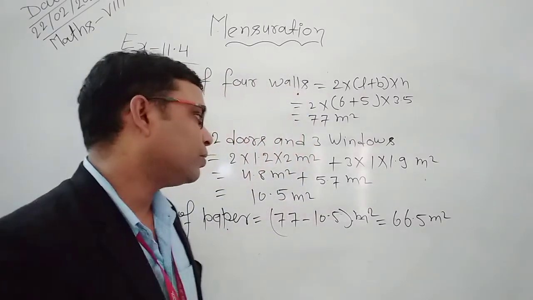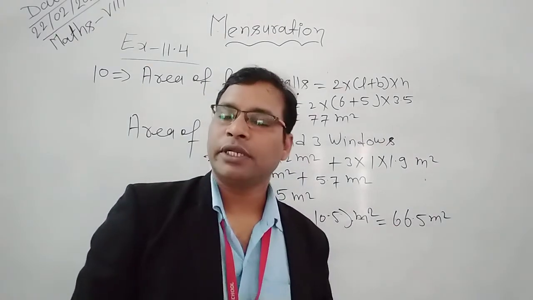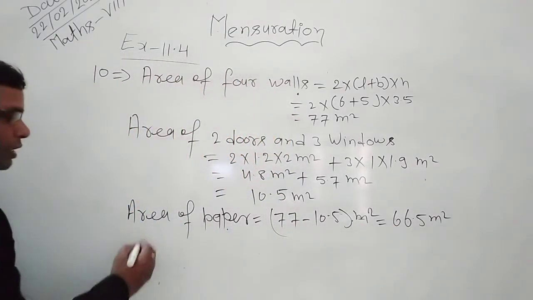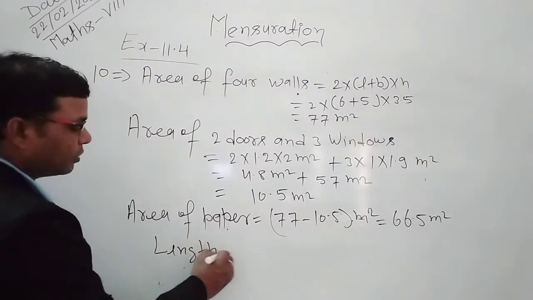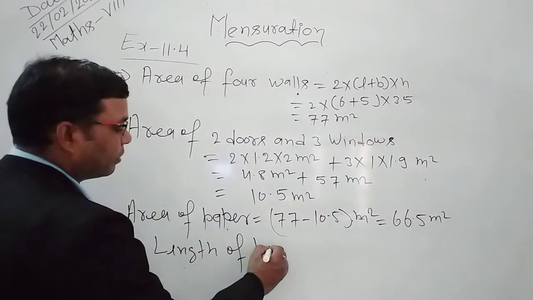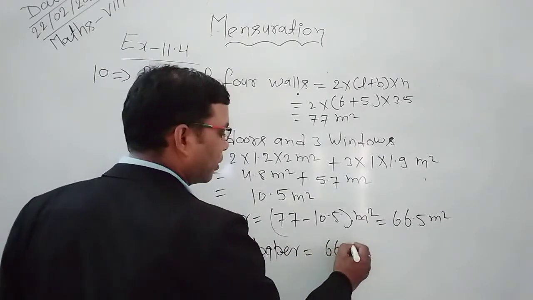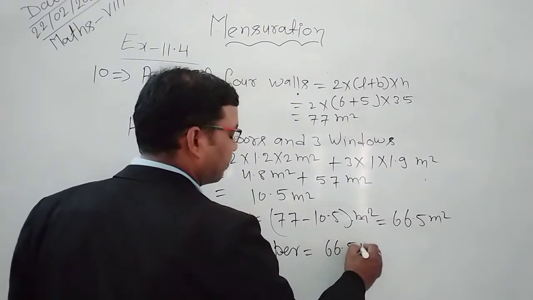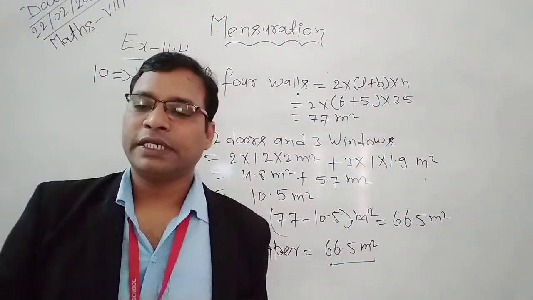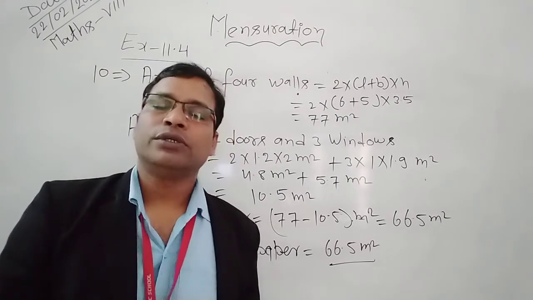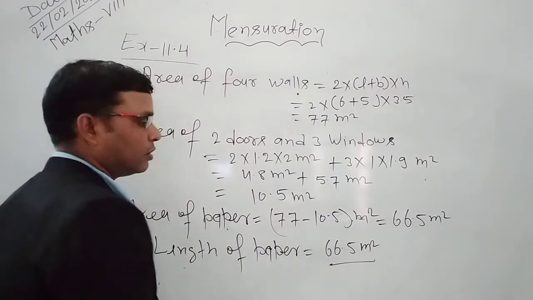Okay, now you need to find the length of paper. So length of paper is equal to, if you divide the area of paper by 70 centimeter, then you get the length of paper. So length of paper is equal to 66.5 meter square by the width of the paper, which is given here 70 centimeter. 70 centimeter means you can say 0.70 meter.